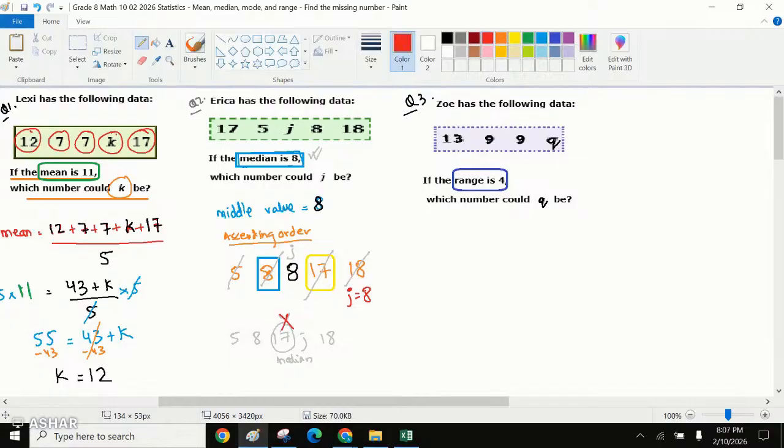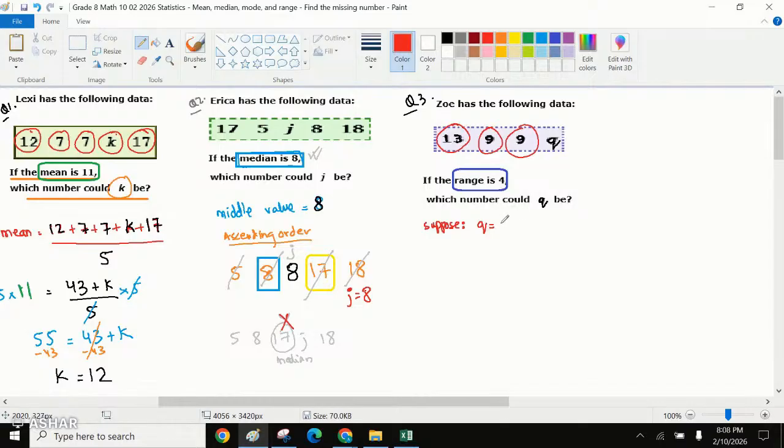So let's see. If I take Q as the number, we have two types of numbers over here, 13 and 9, right? Or let's suppose Q is greater than 13, right?